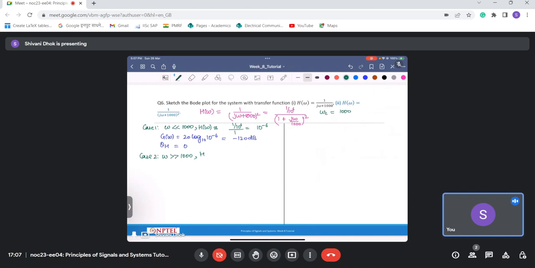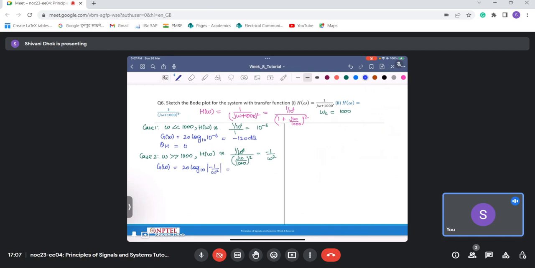In that situation, H of omega is approximately equal to 1 upon 10 power 6 upon (j omega by 1000) whole square. This thing gets cancelled, so it is basically minus 1 by omega square, and therefore G of omega is equal to 20 log to the base 10 of minus 1 by omega square with a mod.